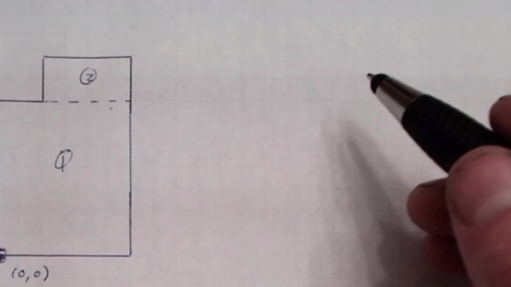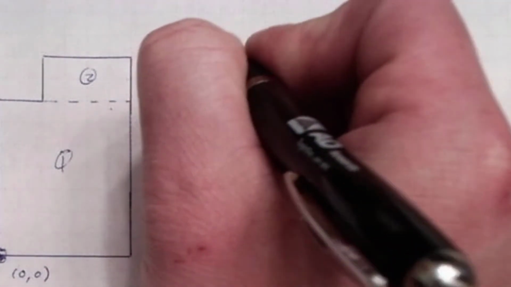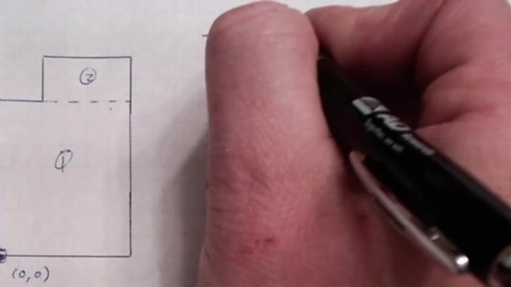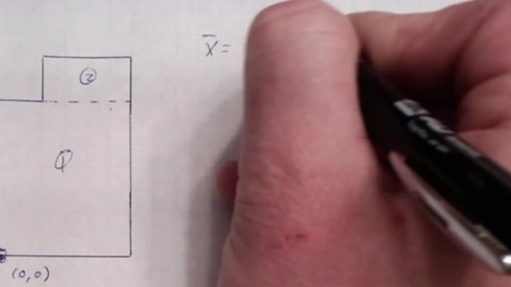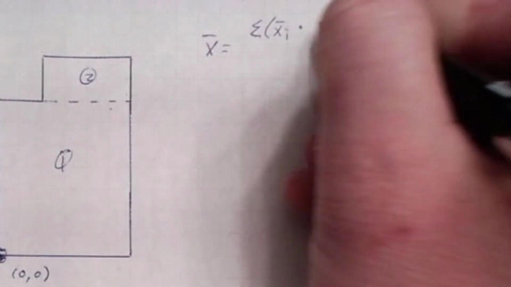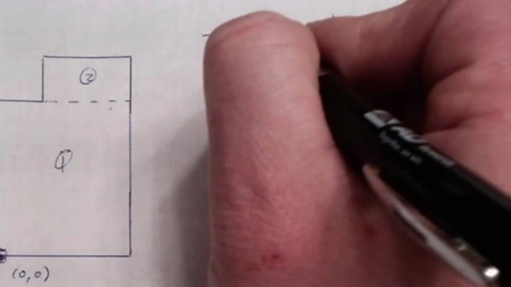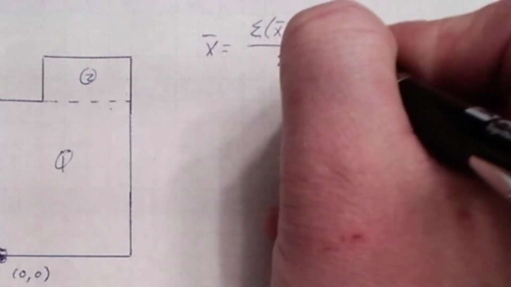It looks super complicated. The formula for x bar is the sum of x bar i times area i divided by the sum of area i.